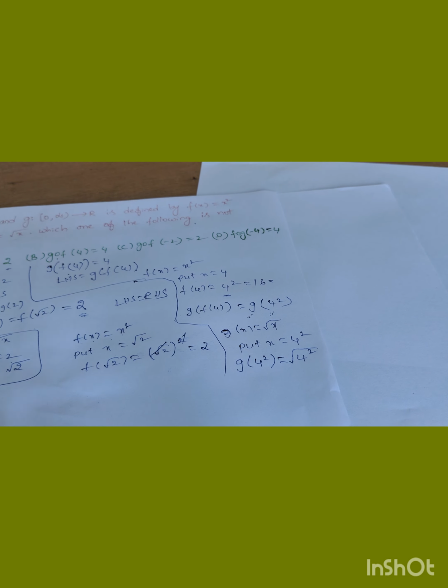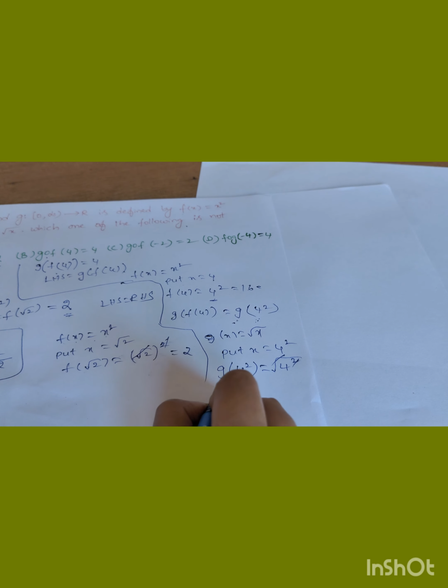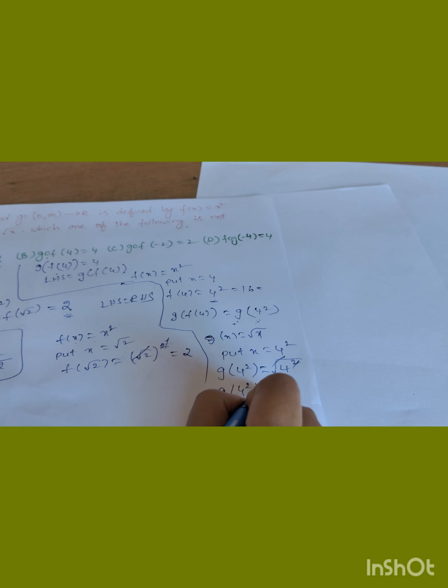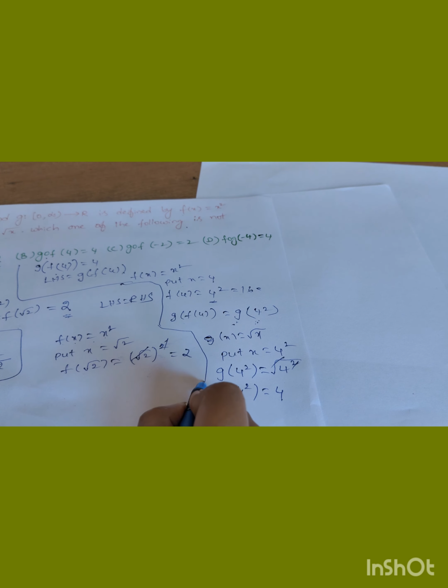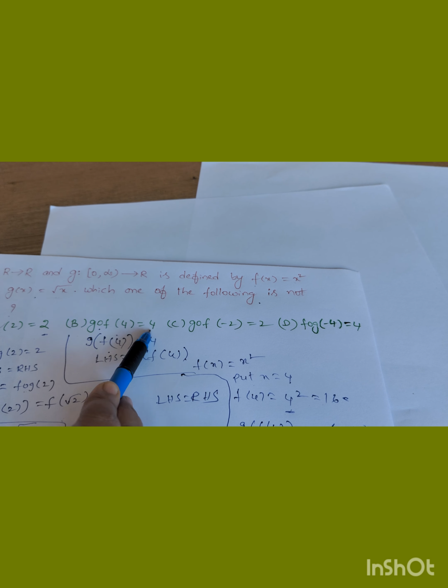That is, square and root cancel. So g of 4 square value is 4. That is LHS. LHS I got 4 and RHS is also 4. So it is also true.